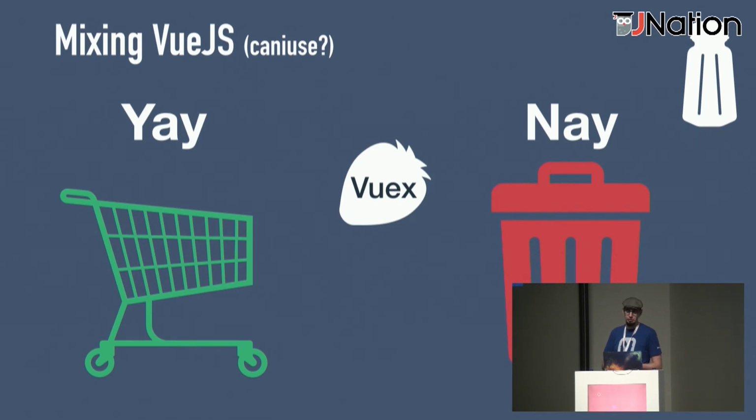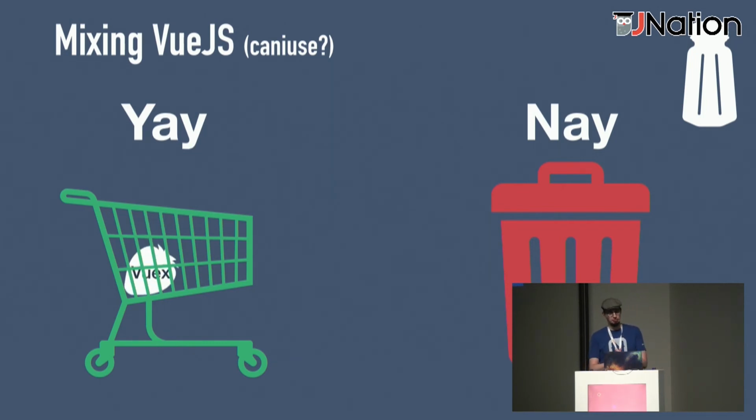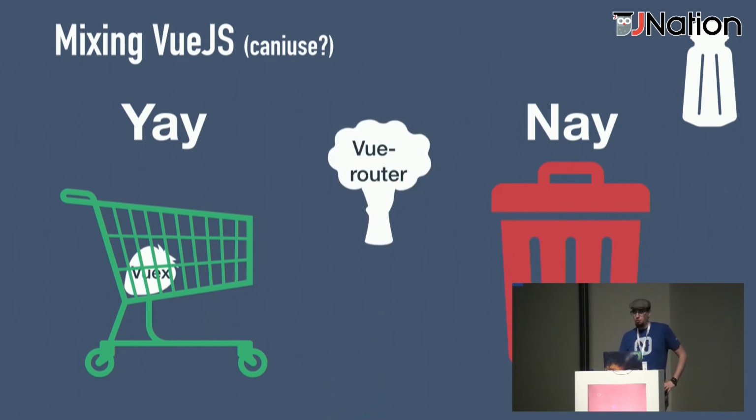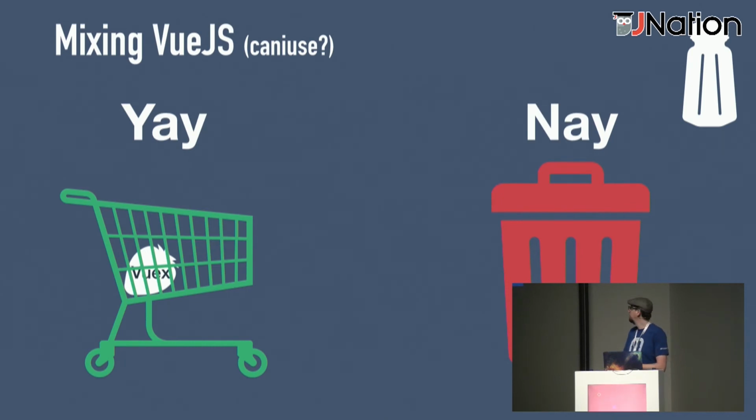So Vuex, can we use it with NativeScript-Vue? Yes, we can. It's just the same. You include it just the same as you do with any Vue.js project. And it's great. It works fine. Vue router. Nope. Goodbye, broccoli.